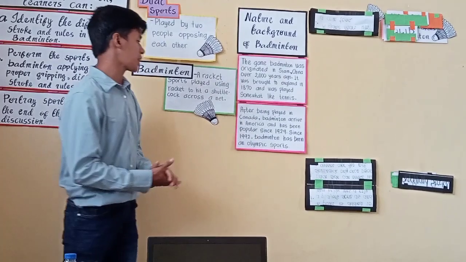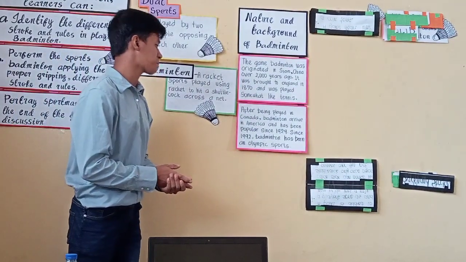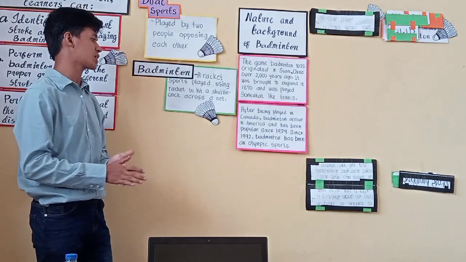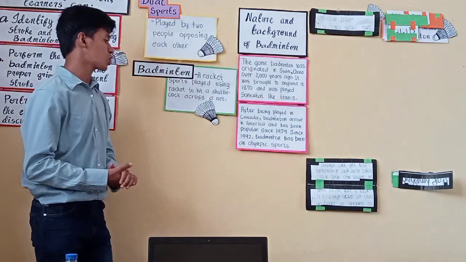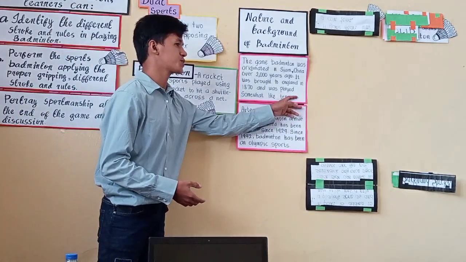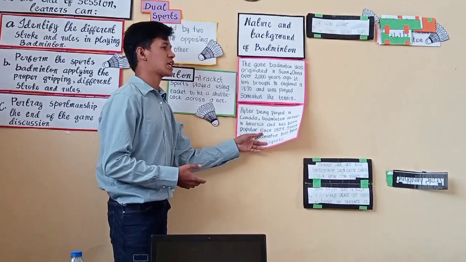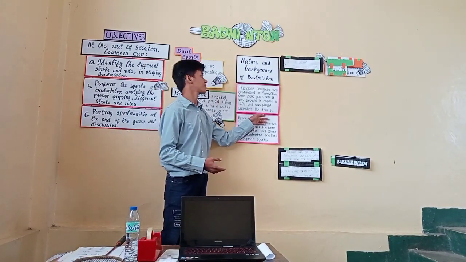After being played in Canada, badminton arrived in America and has been popular since 1929. And since 1992, badminton has been an Olympic sport. So in 1992, the badminton game became a part of the Olympic sports.